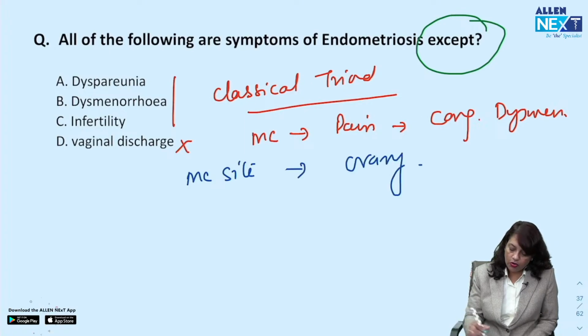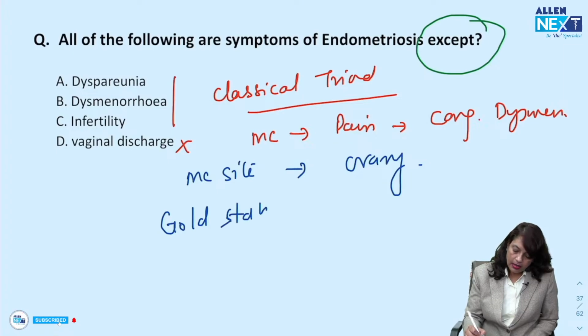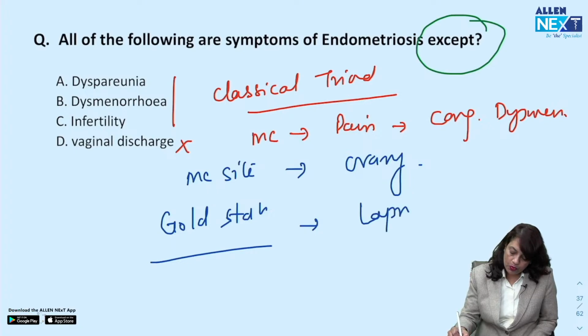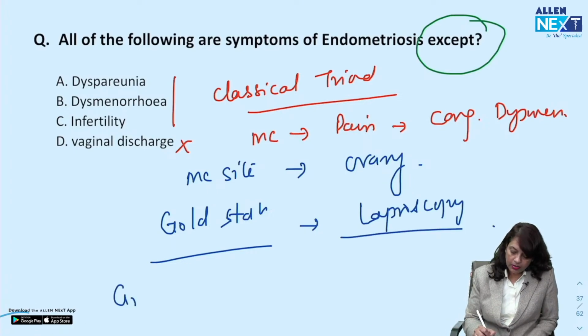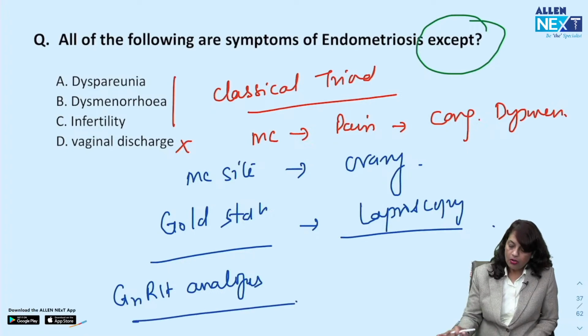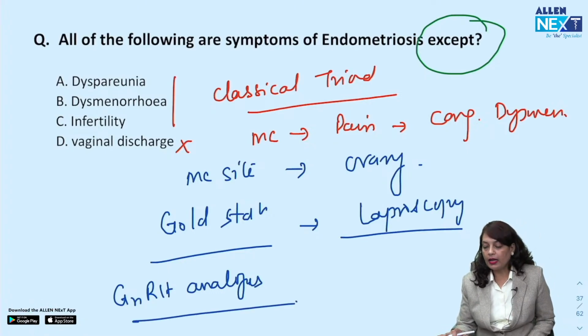The ovary, that is the chocolate cyst. What is the gold standard investigation for endometriosis? Laparoscopy. What is the drug to treat endometriosis? GnRH analogues.